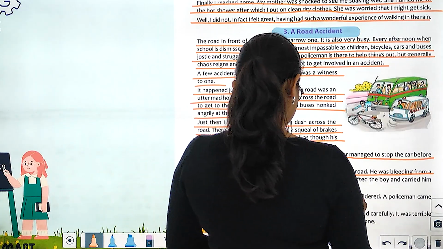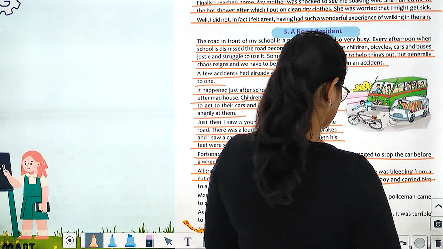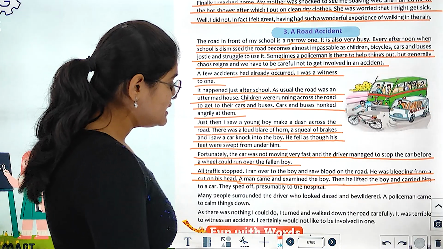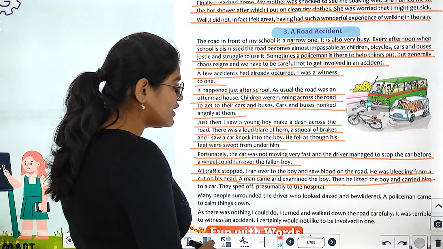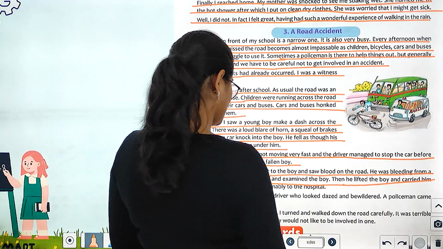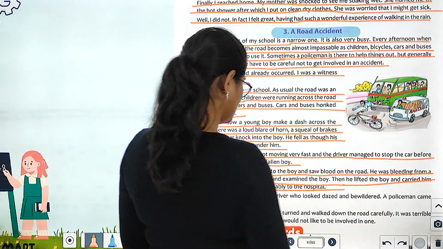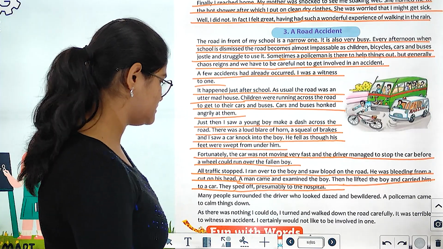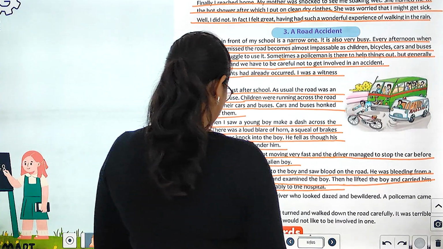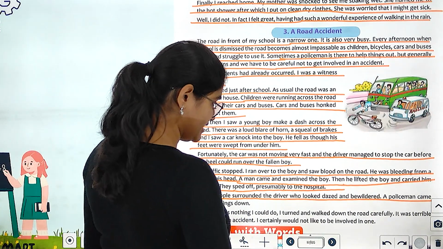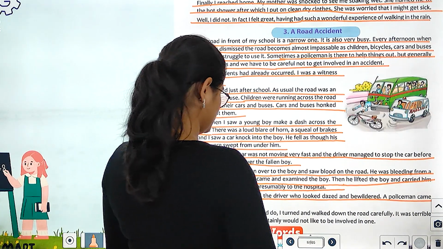A man came and examined the boy. Then he lifted the boy and carried him to a car. They sped off, presumably to the hospital. Many people surrounded the driver, who looked dazed and bewildered.